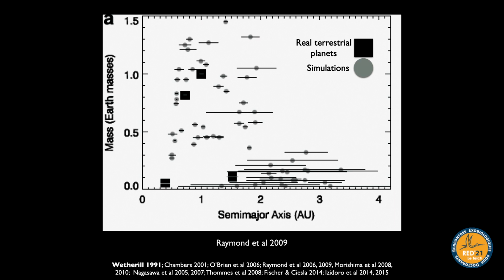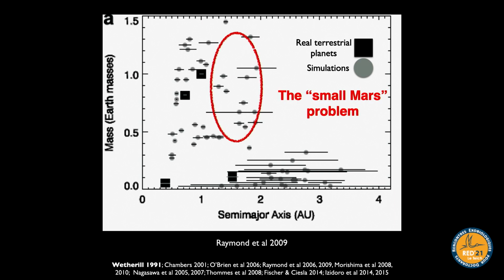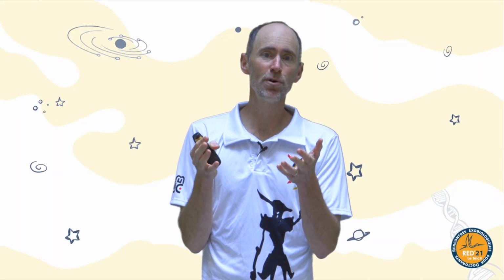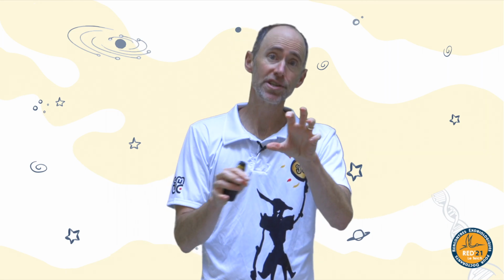They're way more massive than the actual Mars. This is what we call the small Mars problem, and it's really the Achilles heel in the classical model. The classical model systematically messes up Mars. It can't naturally form planets where Earth is big and Mars is small, right next to each other.